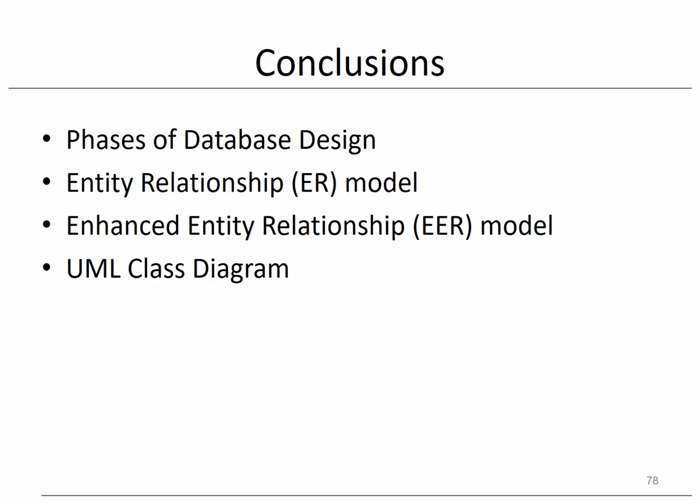The ER model is a popular technique for conceptual data modeling. It has the following building blocks: entity types, attribute types, and relationship types. The EER model offers additional modeling constructs: specialization, generalization, categorization, and aggregation.